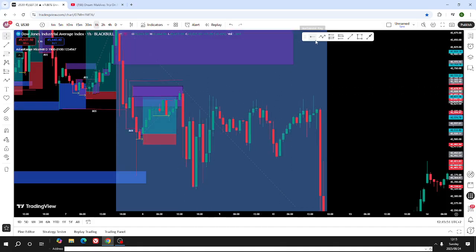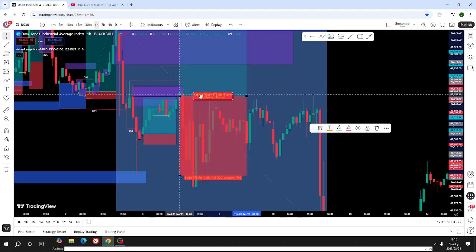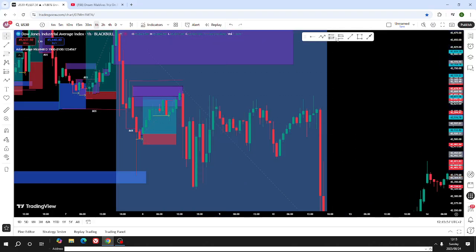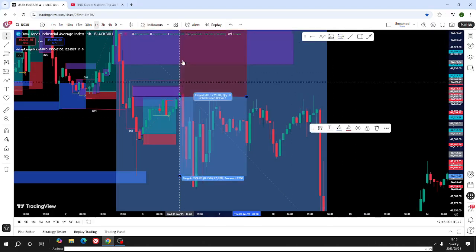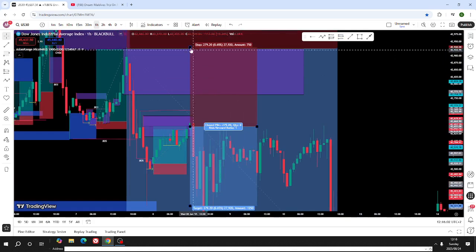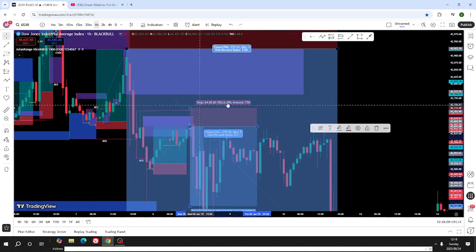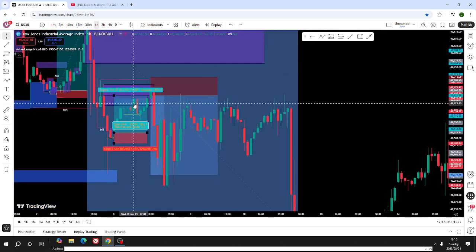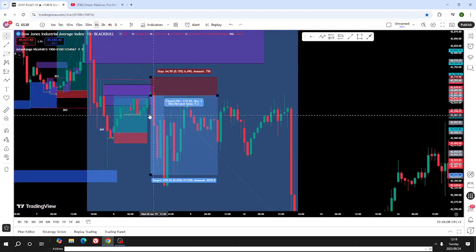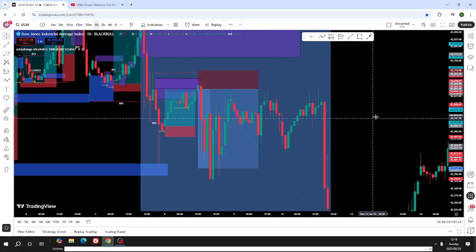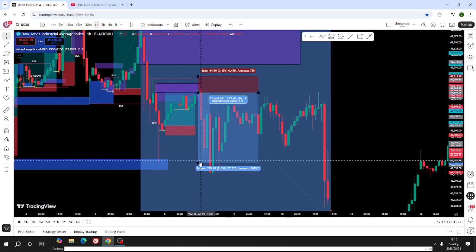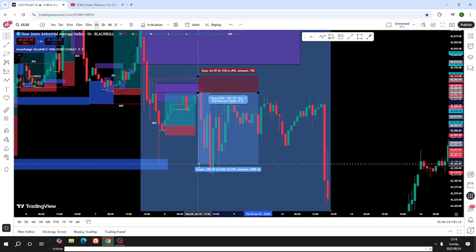So the best ones are those who will take a sell right over this area, right over here, and then put stop loss above here. Then at this area we then know that okay, the market is going against.